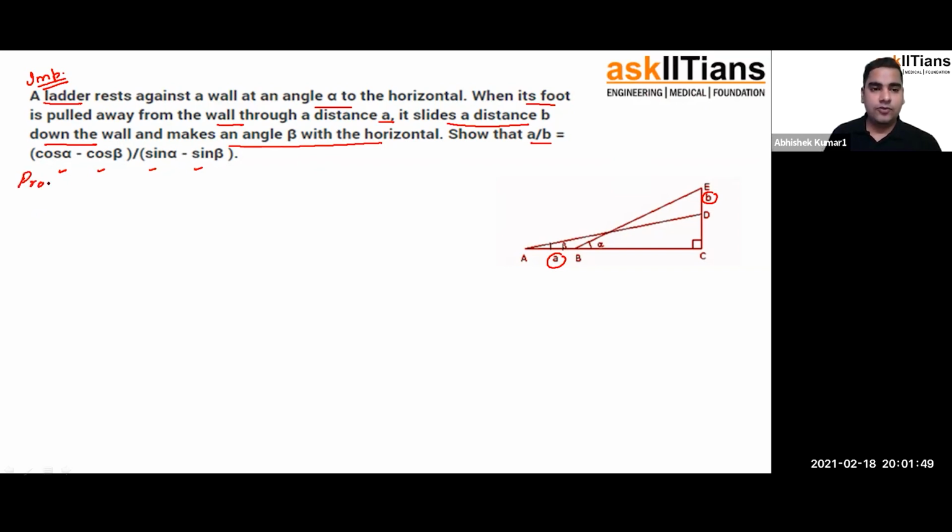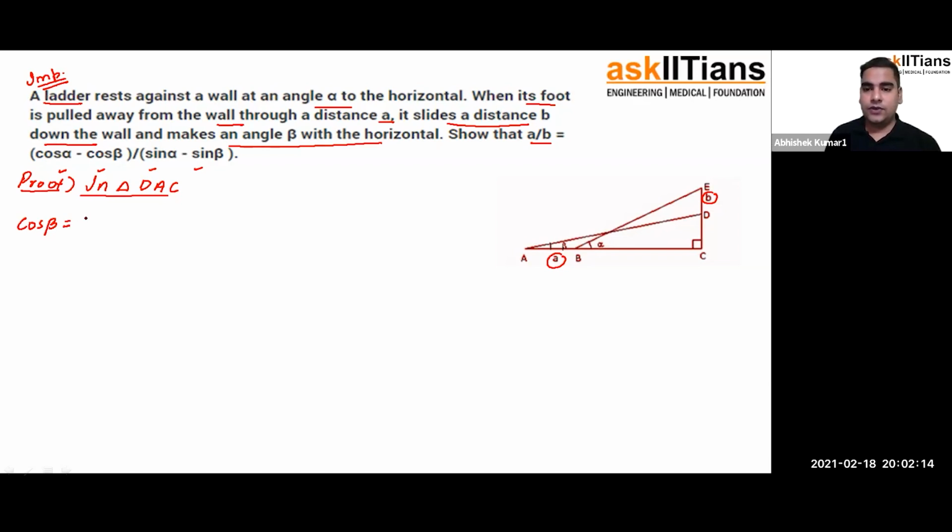So basically, we have to prove here. So let us calculate cos alpha, cos beta, sin alpha, sin beta, everything. So in triangle DAC, if I calculate cos beta, it is base by hypotenuse.